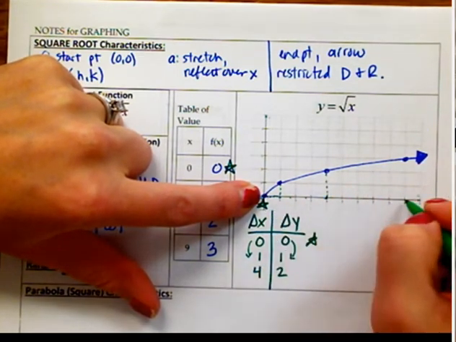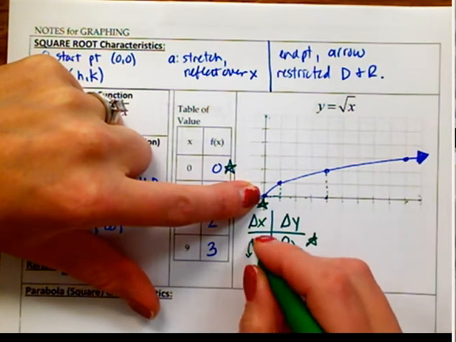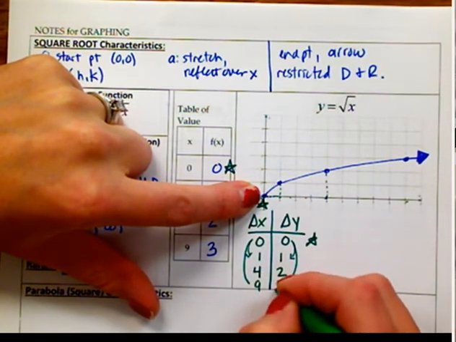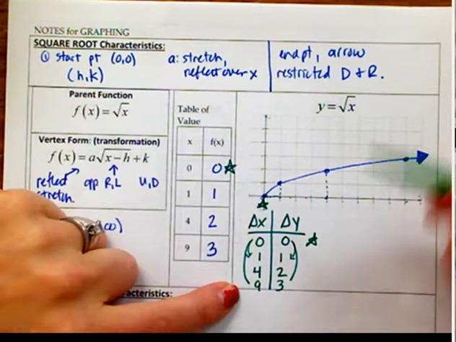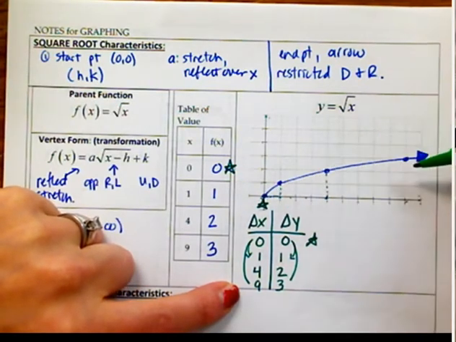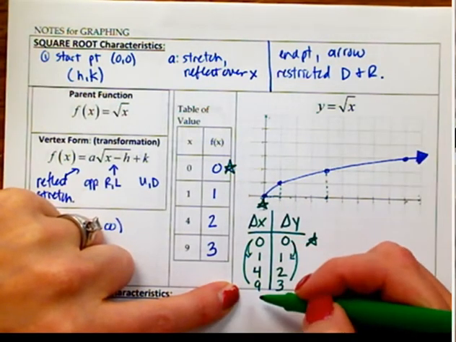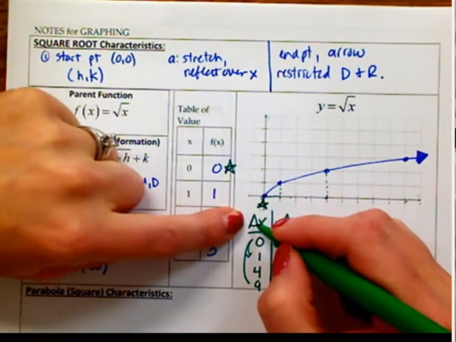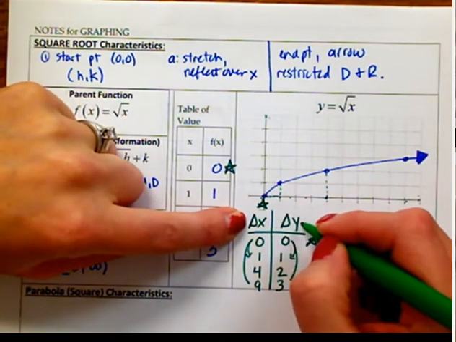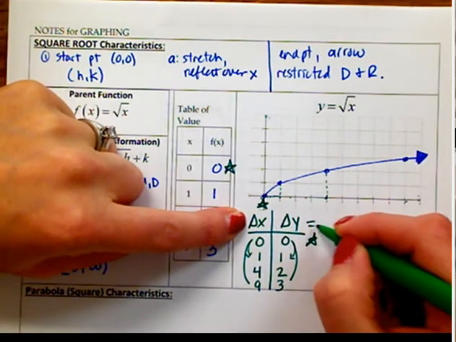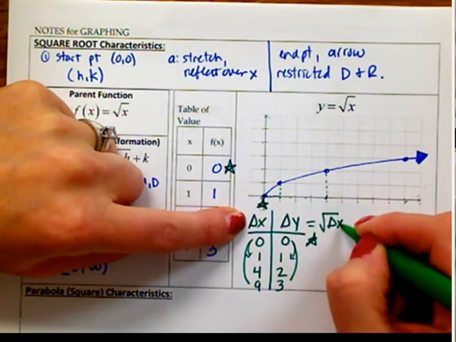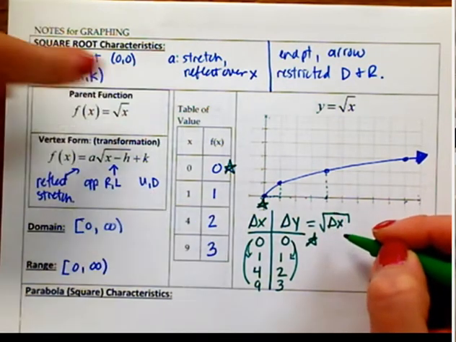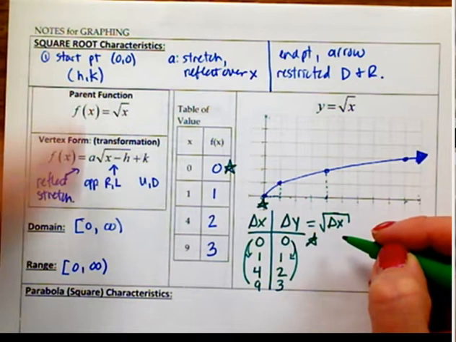The next point is over 9, up 3. You are not memorizing where to put these points. You are reasoning out where they go. Okay, so change in x and square root the change in x because this is the square root function.